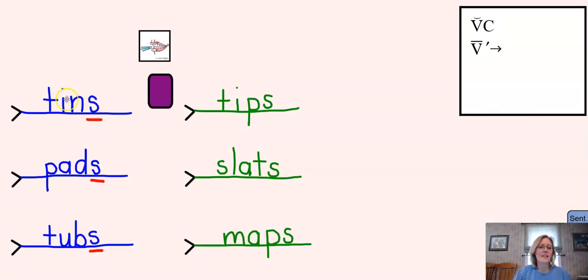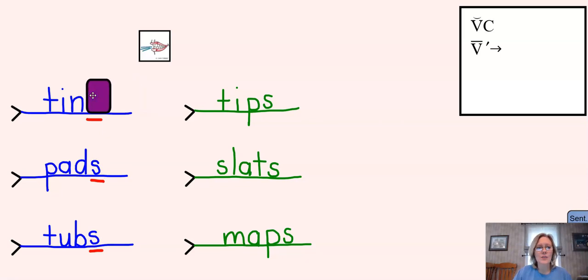So let's look at these, and let's say these words. Echo them after me. Tins, pads, tubs. What did you notice about the S at the end of those? Tins, pads, tubs. They were a voiced S. But I want you to take a look.